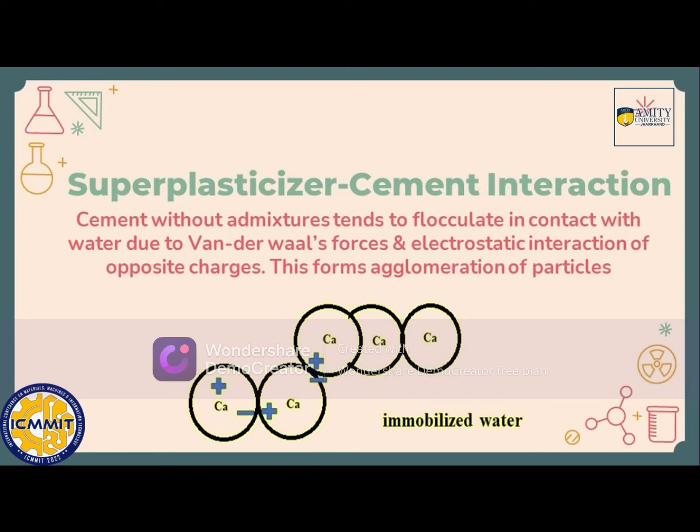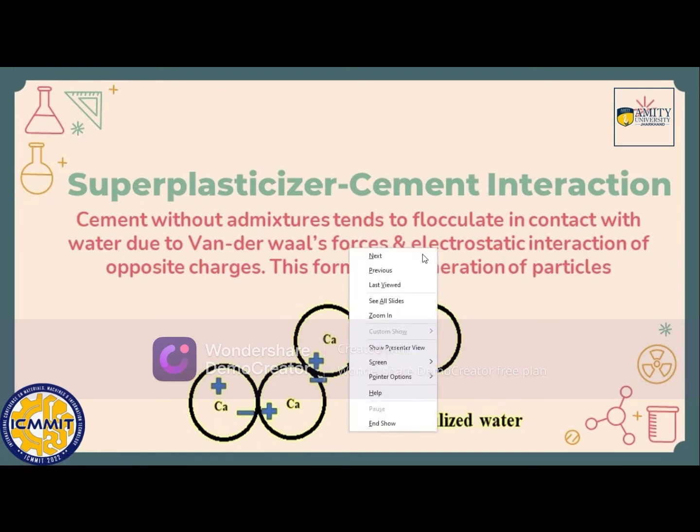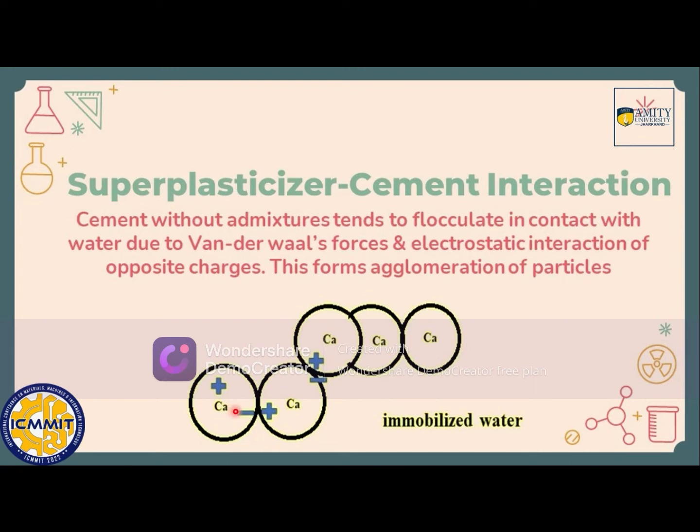This plus and this minus tend to attract, and that's why the flocs continue in the matrix and water is not released.